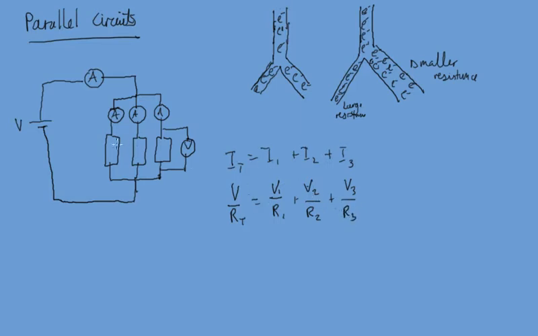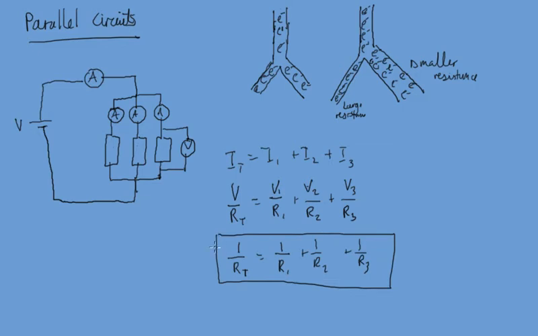However, the voltage in each branch is the same, so if we divide through this equation by V, we'll just get 1 over RT is equal to 1 over R1 plus 1 over R2 plus 1 over R3. So the total resistance of the whole circuit is given by this equation, and this is for our parallel circuit.